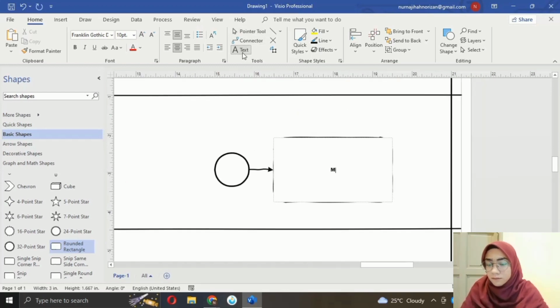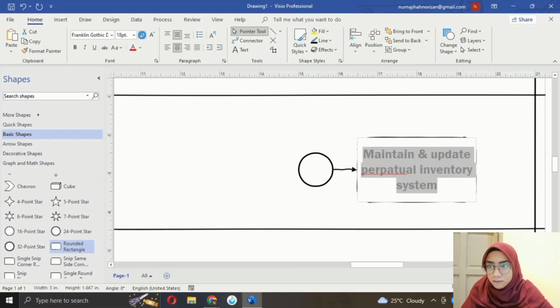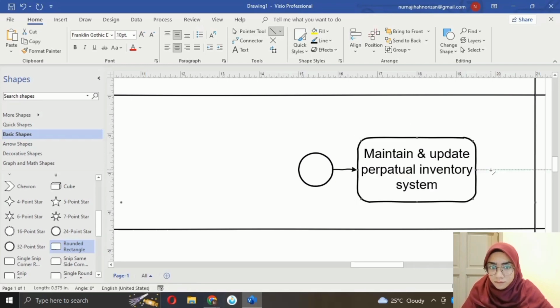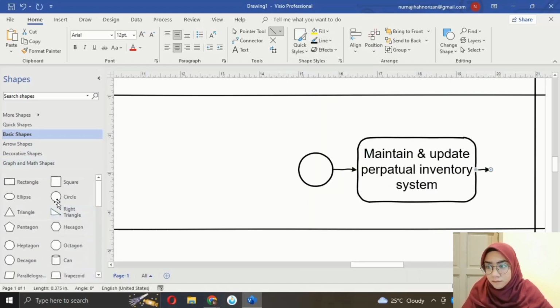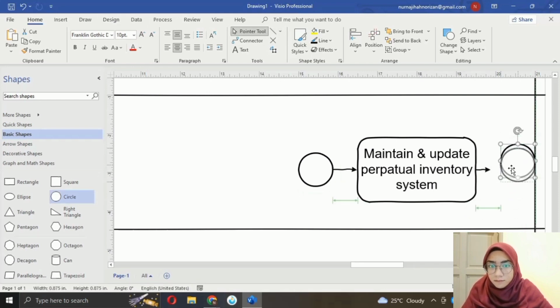So the explanation is maintain and update perpetual inventory system. After that, we follow with another arrow. Then we use the small bold circle to show the end of the process.